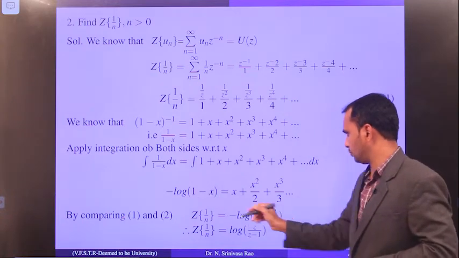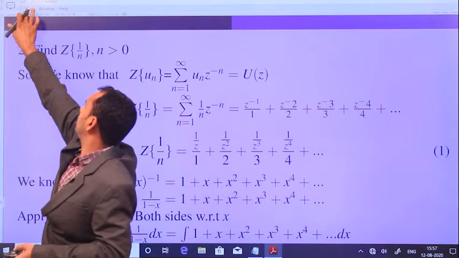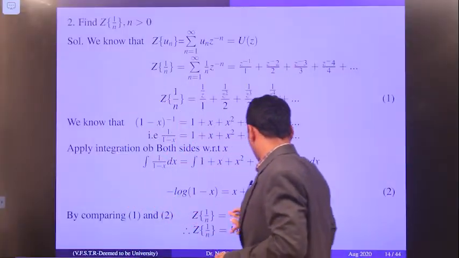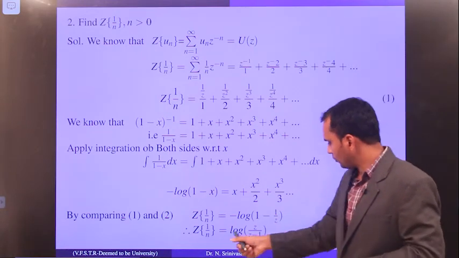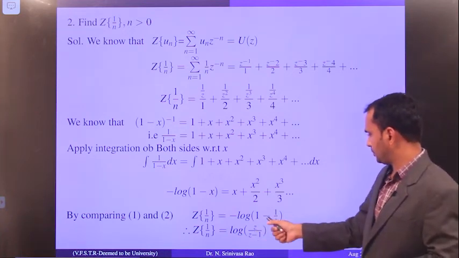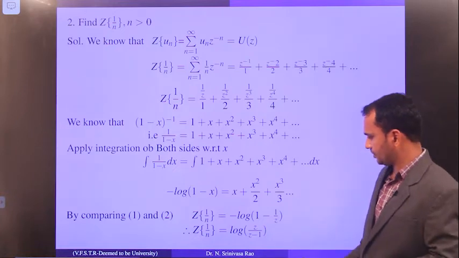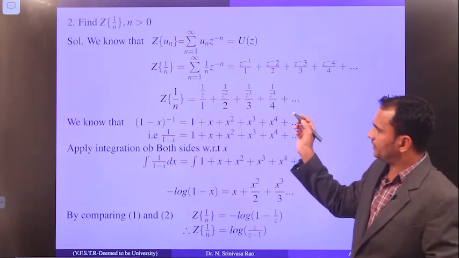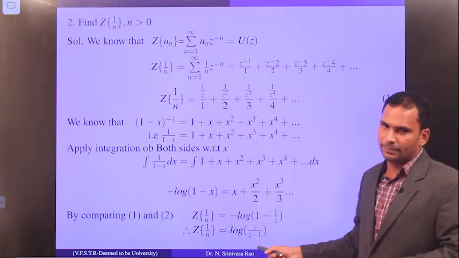We compare: this is minus log of 1 minus x and this is minus log of 1 minus 1 by z. If you simplify further, what you will get is log of z by z minus 1. So the final answer for the z transform of 1 by n is logarithm of z by z minus 1.